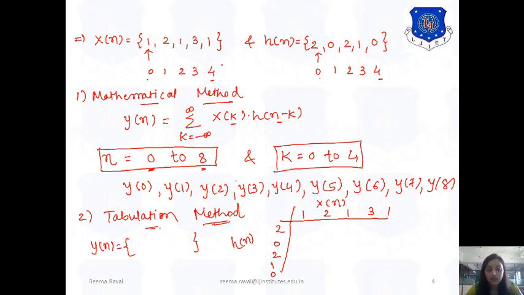That means we have to plot the graph 9 into 2 times, that means 18 times, because we have to plot this graph for x of n and for that the respective values of h of k, that means whether it is h of 1 minus k, 2 minus k, 4 minus k, whatever it is, up to the number of instances, right? So over here as you can see n equals 0 to 8, we have to vary n equals 0 to 8 and plot the graphs for each and every one of them, right? So again this will be a lengthy process.